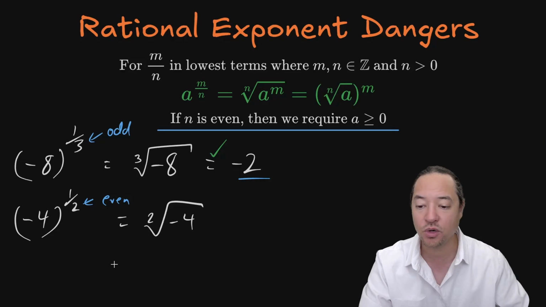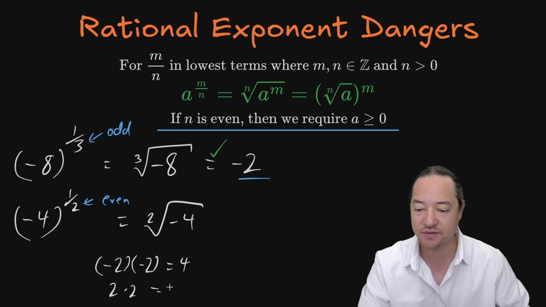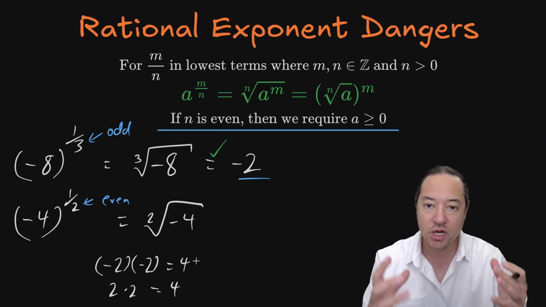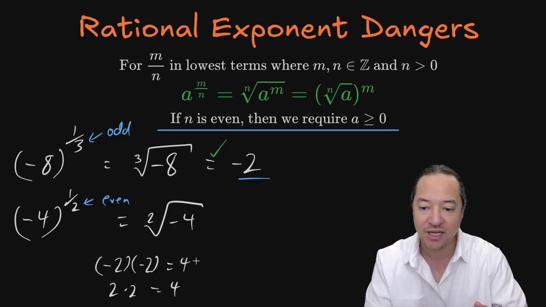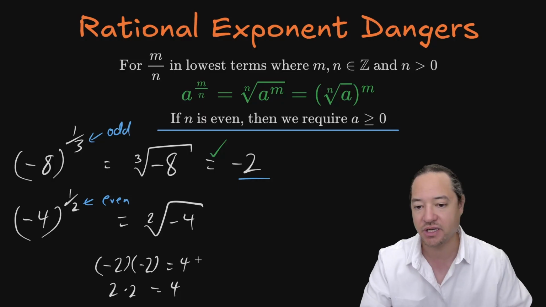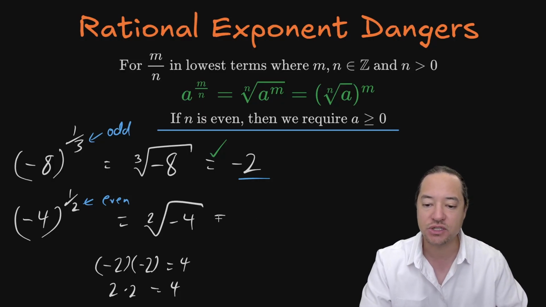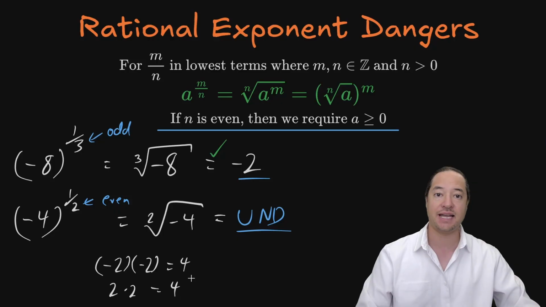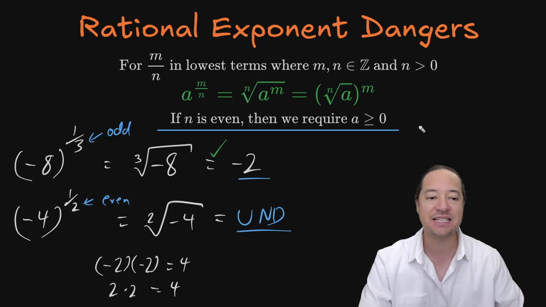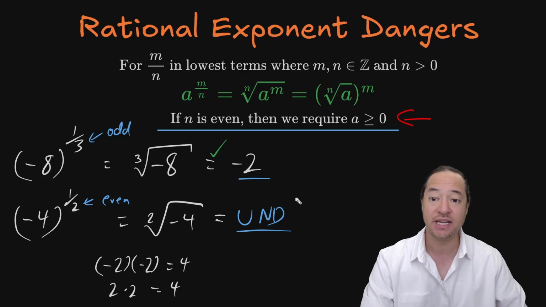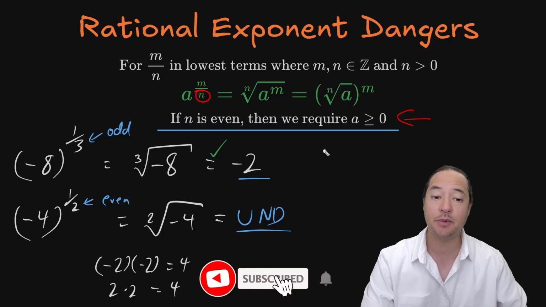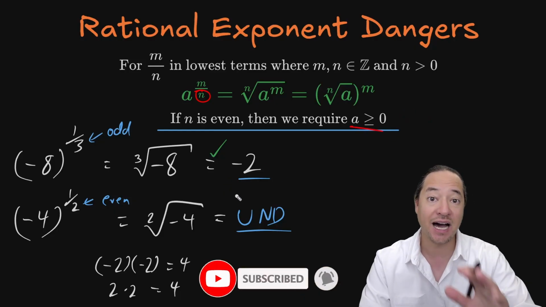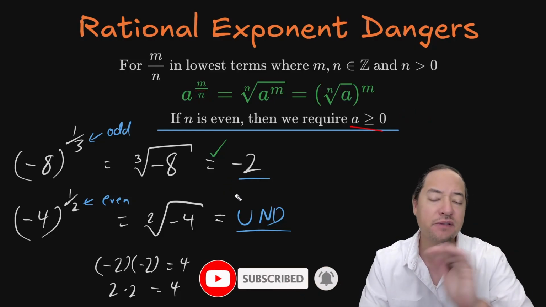There's nothing here that works, right? Negative 2 times negative 2 gives us positive 4. 2 times 2 gives us positive 4. There's no number you can multiply with itself to give you a negative number here. And so this even root, turns out this is going to give us an undefined answer, okay? And that's why this condition here is there. For even denominators, we require a non-negative base, okay? So that's the first one.